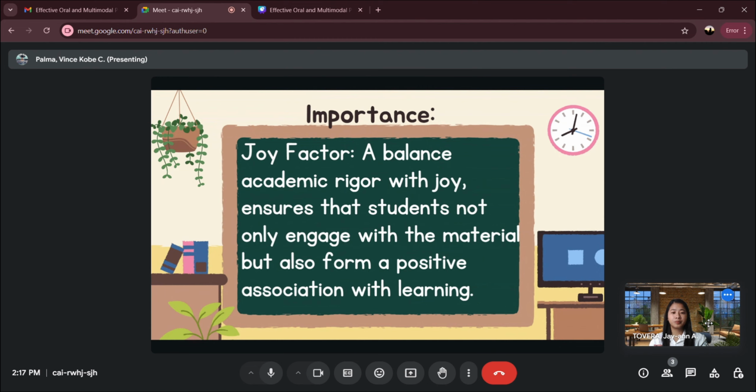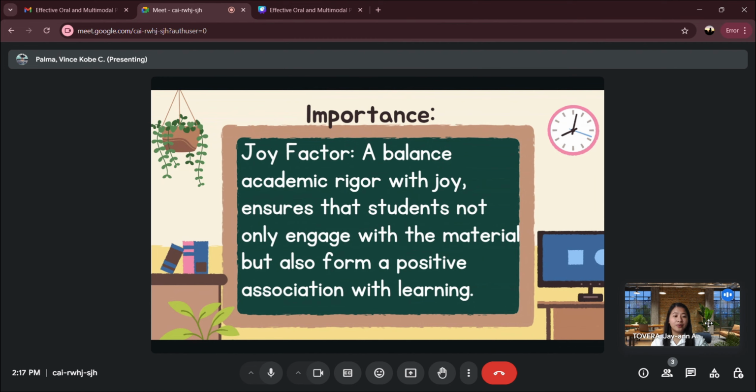This is to keep a positive or joyful environment within the class. With that, did you understand, class? The functions or the definition of joy factor, its examples and importance?